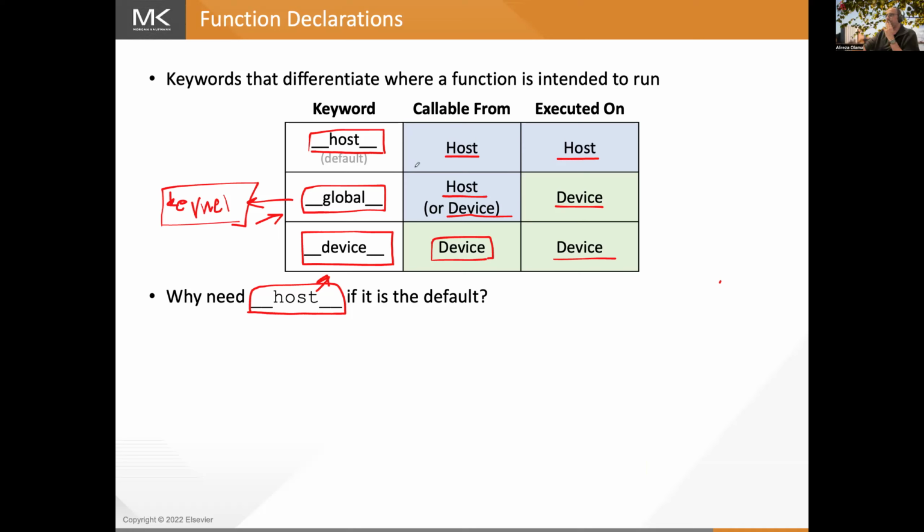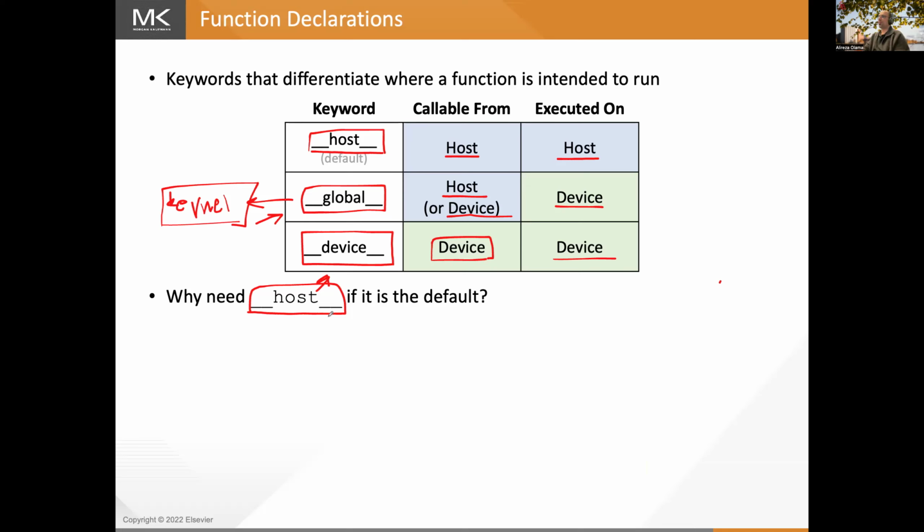Yeah, that also could be true, but the main reason to have this host keyword is when you want to define a function that is executed on both CPU and GPU, right?